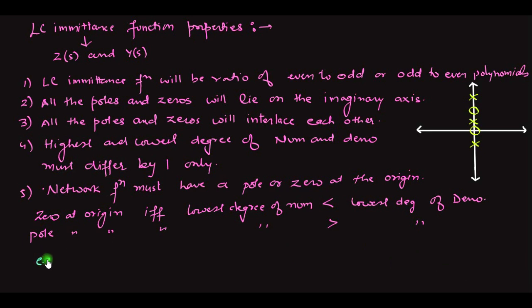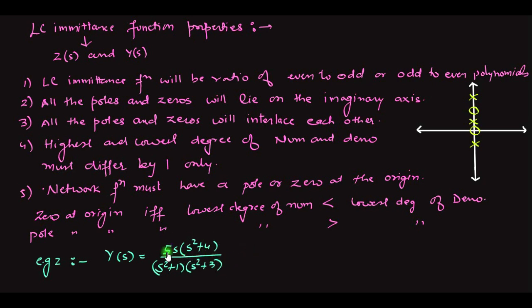Let us discuss the second example. We are provided an admittance function which is equal to 5s into (s square plus 4) divided by (s square plus 1) into (s square plus 3). Let us check the first property. The first property says it should be a ratio of even to odd polynomials. Let us see.